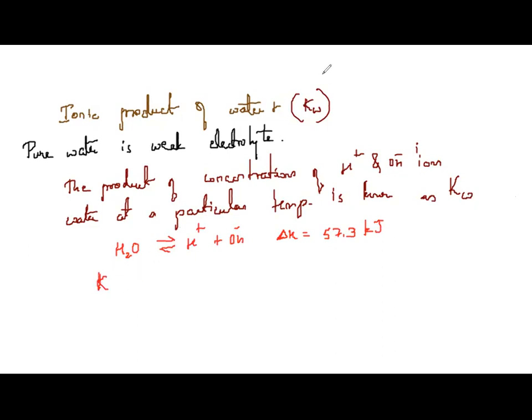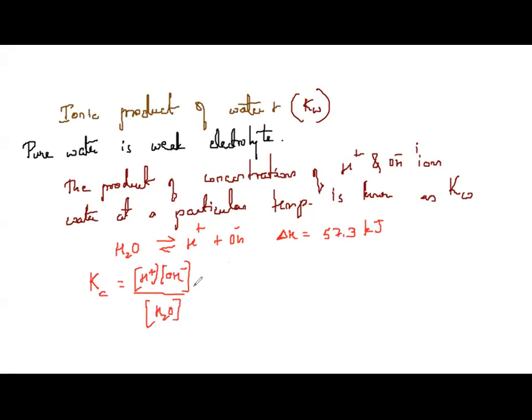If you want to represent the equilibrium constant, how do we write it? Let me take it as Kc to make it clear. We write the product of concentrations of the products divided by the concentration of the reactant, but here we have only water.